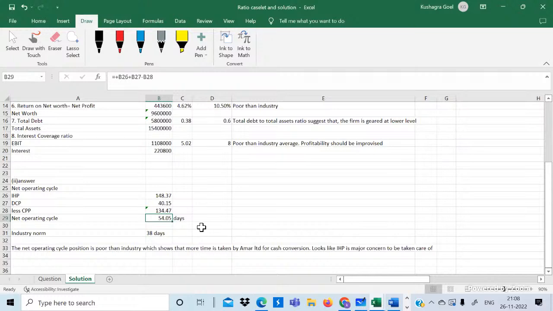Of course, it's not at par with the industry. Because my operating cycle time is more, I'll incur more opportunity cost. I'll end up taking a lot of short-term debt, so the risk will go up. The banker will charge me a higher interest rate, which will affect my profitability. So it's not at par with the industry norms.